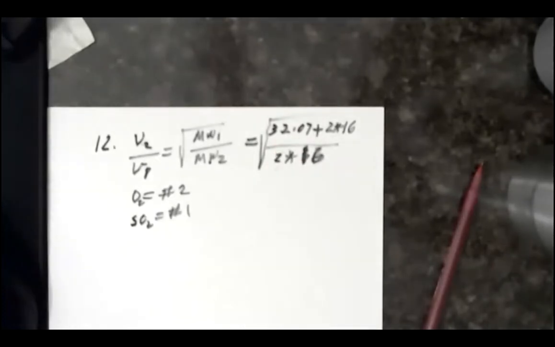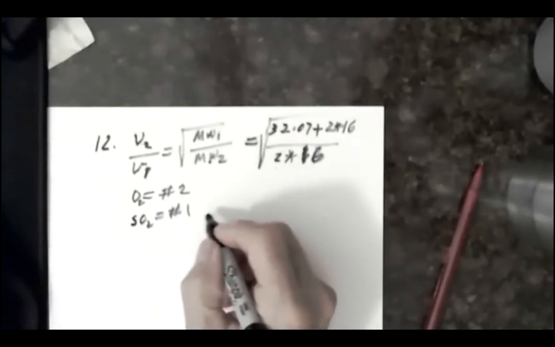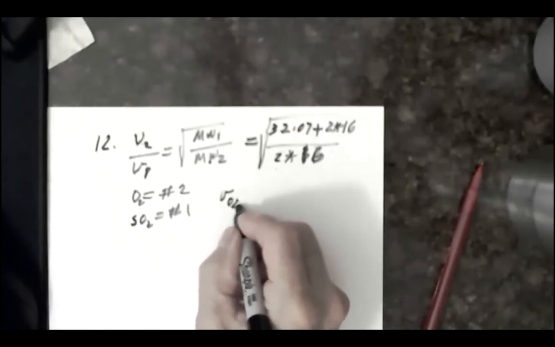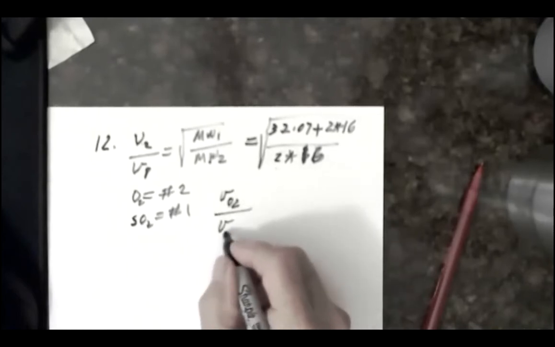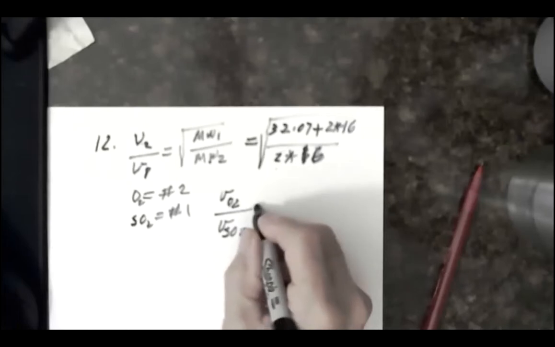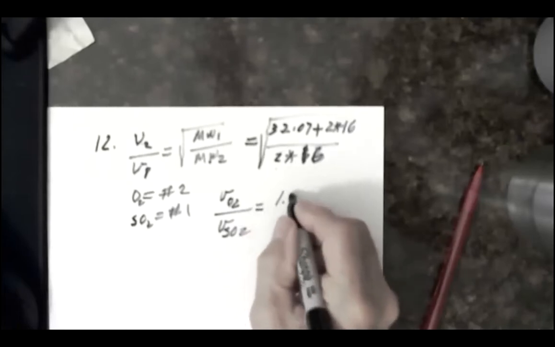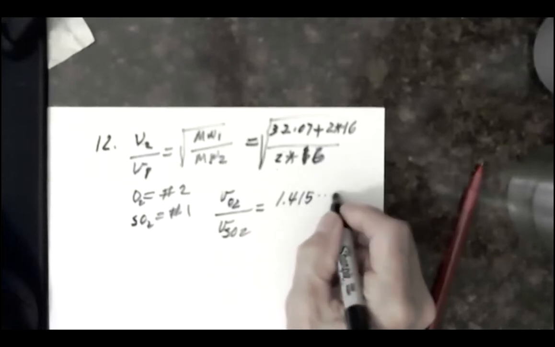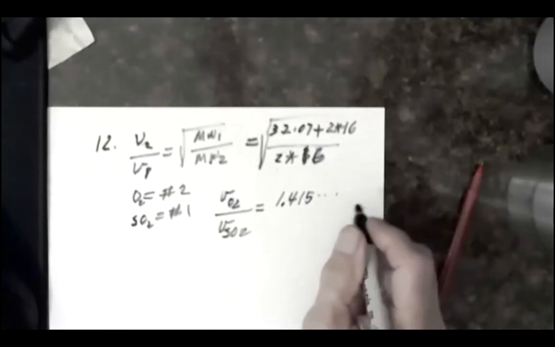So I want to take the square root of that. And so I've got the velocity of the O2 divided by the velocity of the SO2 comes out to be 1.415 essentially. There's a whole bunch of digits out here.